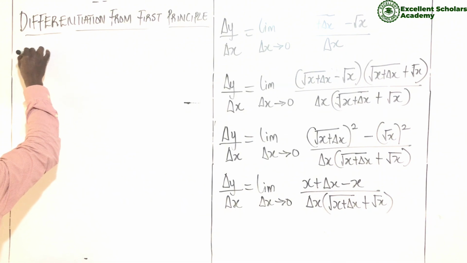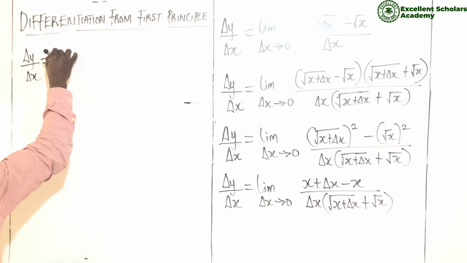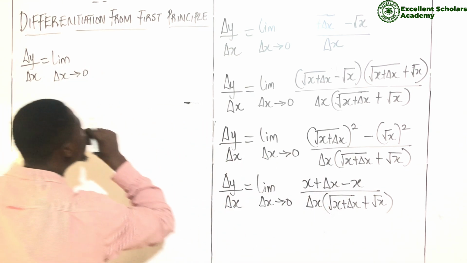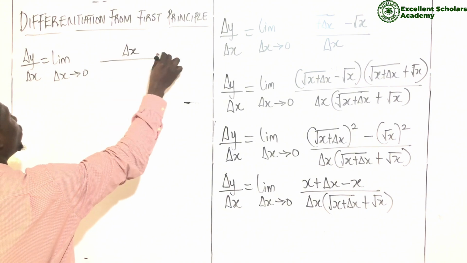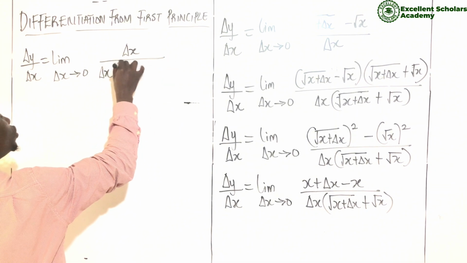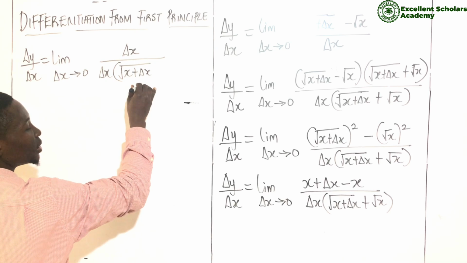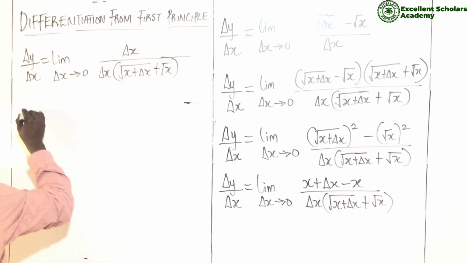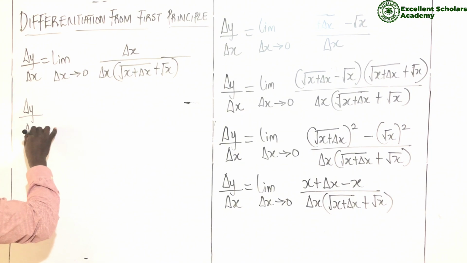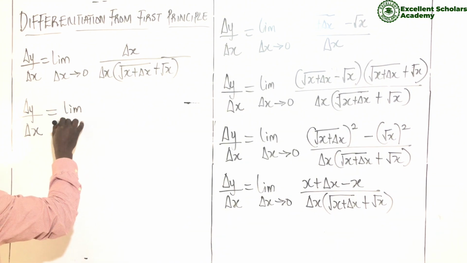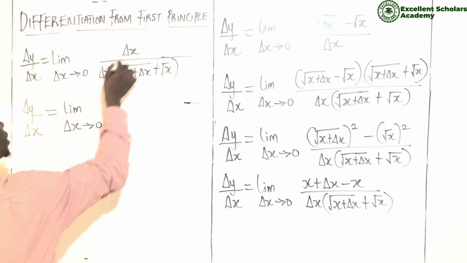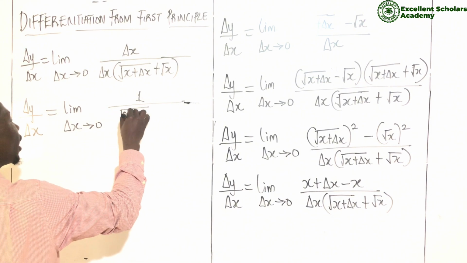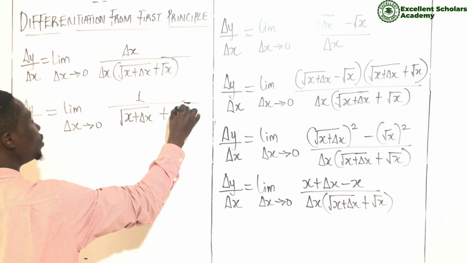So small increment in y over small increment in x will be equal to the limit as change in x tends to 0. Now, this plus x takes away this minus x, so you're going to have small increment in x over small increment in x times root x plus small increment in x plus root x. Okay? Now, this takes away this, so you have small increment in y over small increment in x equals the limit as change in x tends to 0 of 1 over root x plus change in x plus root x.